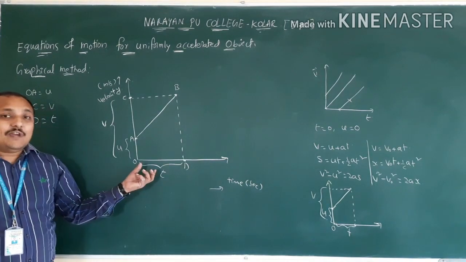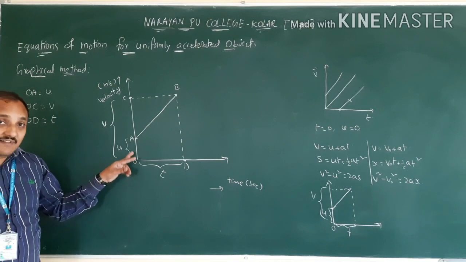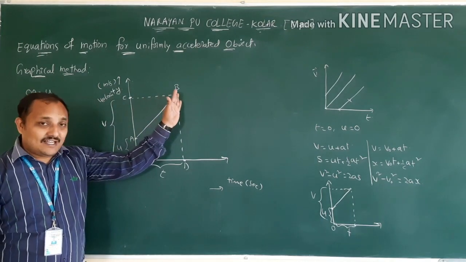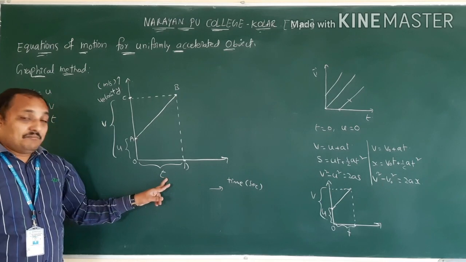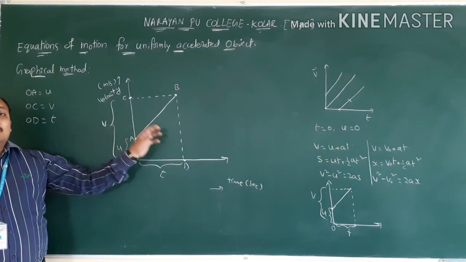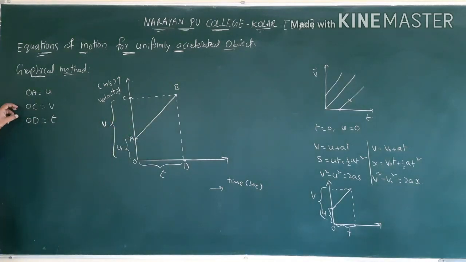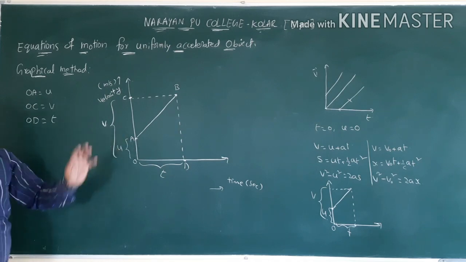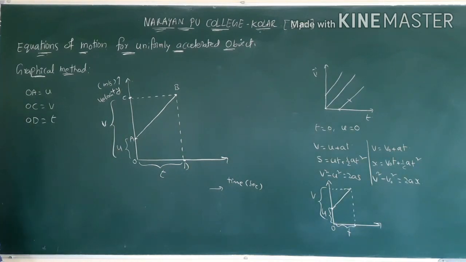So we consider an object that starts with initial velocity u and gains final velocity v in some amount of time small t. That is the uniformly accelerated velocity time graph, and from this graph we have written all these values. Now you have to find the slope of this.